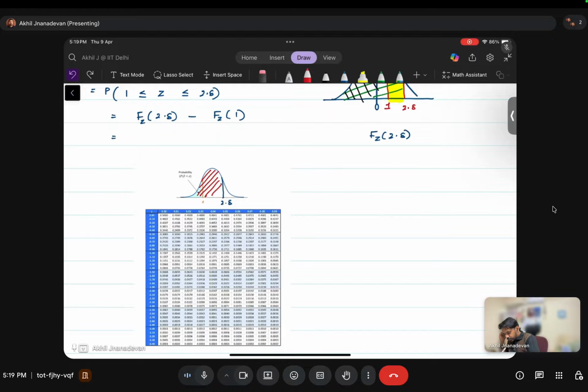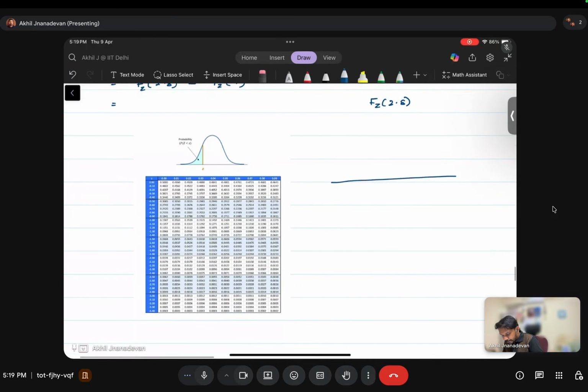Or else I can draw it out. So this is our standard normal distribution, this is our 0, and what we need is 2.8 here and this particular shaded region.